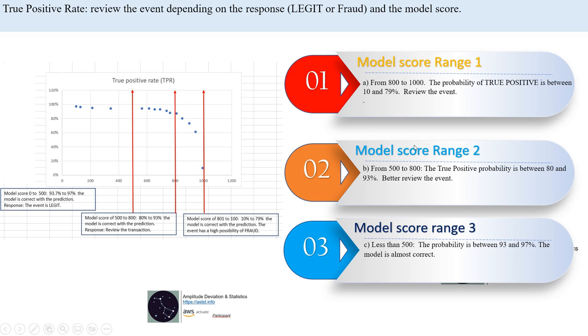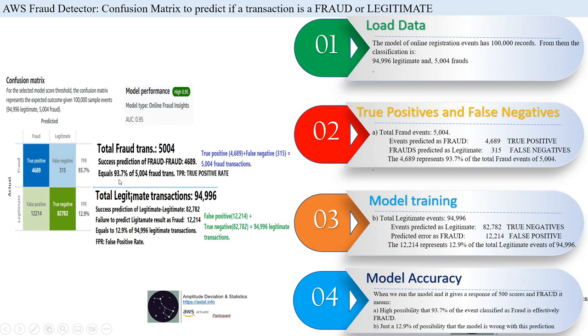Here we have the chart of the positive rate. Remember that the positive rate is the rate that determines the true positive, that determines if an event is a fraud. The model classifies this effectively as a fraud.